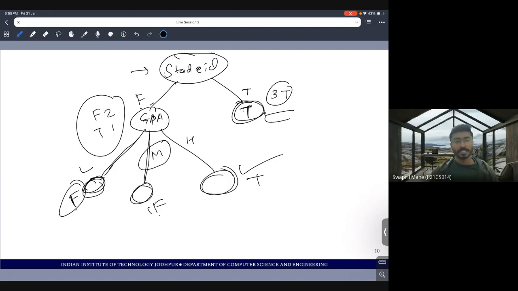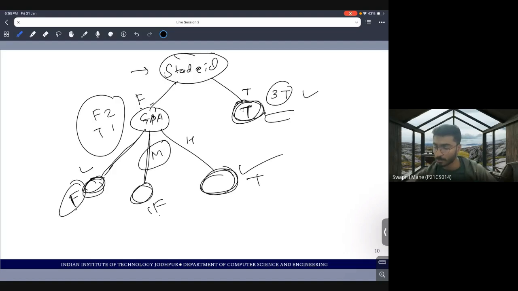Okay. So you might think: why have you considered the studied attribute first? Why not take the GPA first, right? So here the concept of purity comes into the picture. Here, this node is pure. This node is also pure.